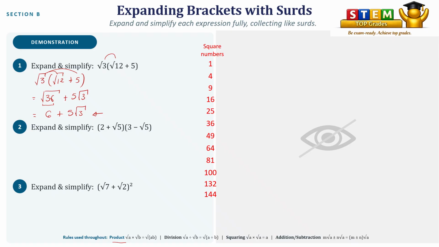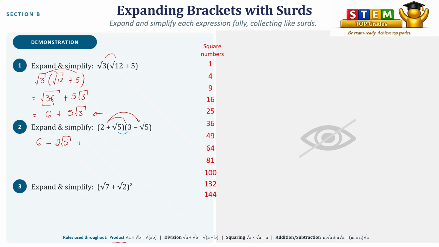Now I'm going to multiply 2 and 3 straight away. So 2 times 3 is going to give me 6, and then multiply 2 and root 5, and be careful of that negative number. So negative 2 root 5. Next, I'm going to multiply the second term with root 5 and root 3 multiply together.